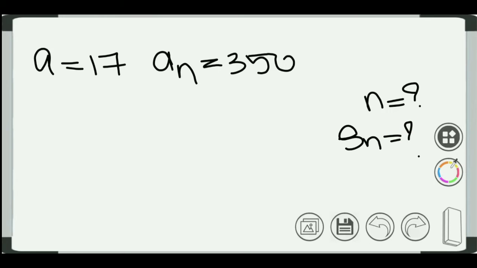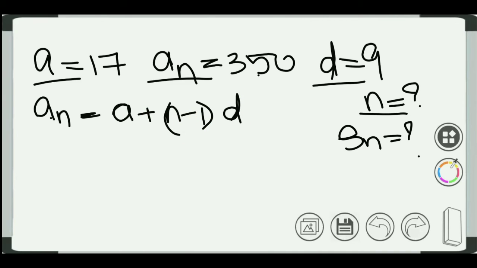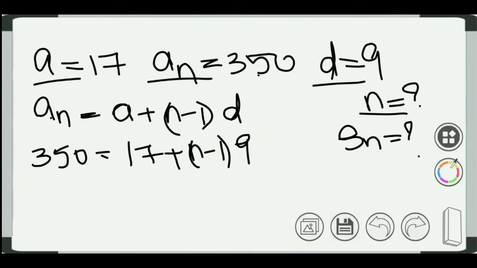One more information is given in the question. d is equal to 9. Now you need to find the number of terms n. For that I will substitute these values in the an formula. I have an value, a value, d value. Only thing which I need to find is the n value. an is equal to a plus n minus 1 into d. 350 is equal to 17 plus n minus 1 into 9.